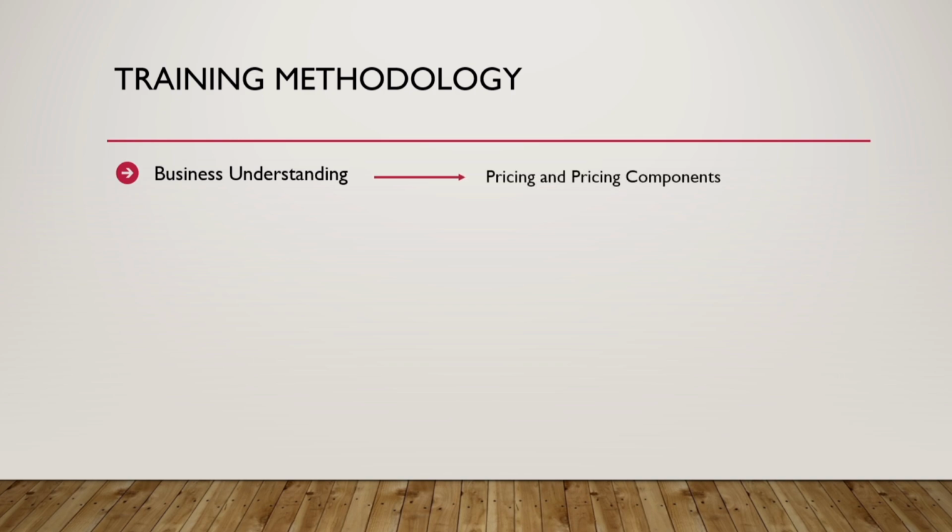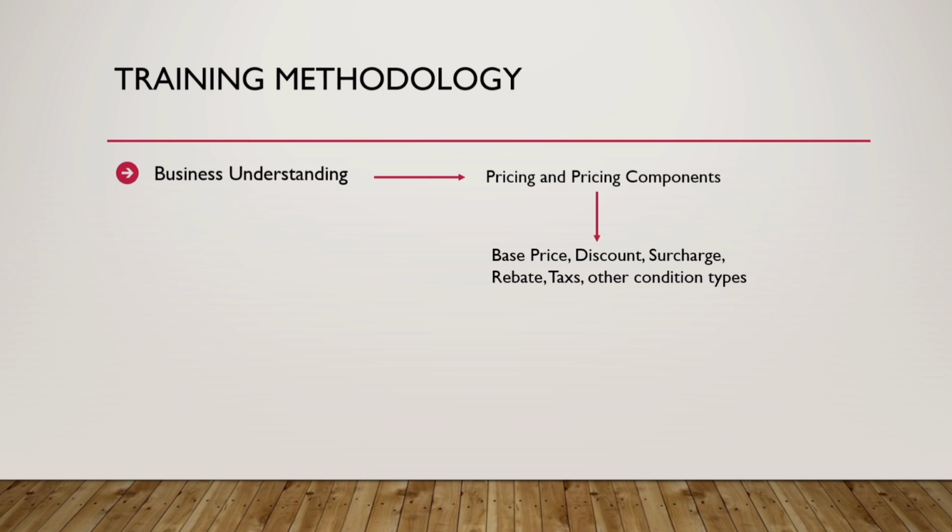Pricing is the most important topic from the SD point of view. Before configuration, we will understand pricing components such as basic price, discount, surcharges, rebates, taxes, and many more condition types. First we will understand from the business point of view, as an end user, what is price, basic price, discount, surcharge, rebates, net value and taxes, and then we will go for SAP concepts and then for configuration.